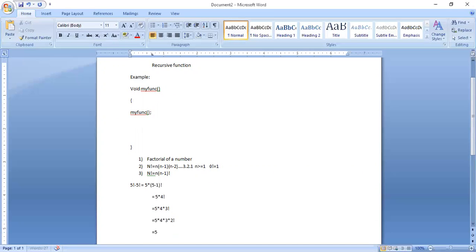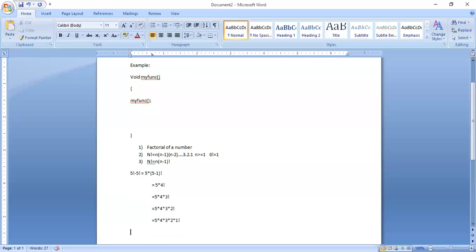Next, 5 multiplied by 4 multiplied by 3 multiplied by 2 multiplied by 1 factorial, equal to 5 multiplied by 4 multiplied by 3 multiplied by 2 multiplied by 1 multiplied by 0 factorial.